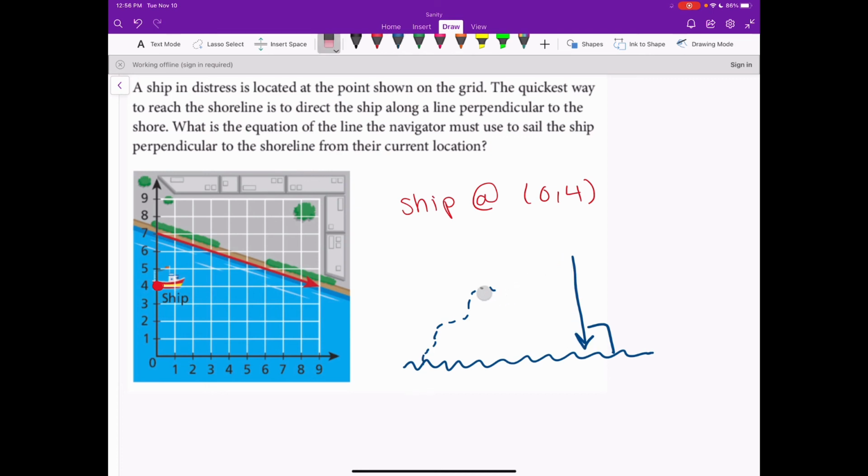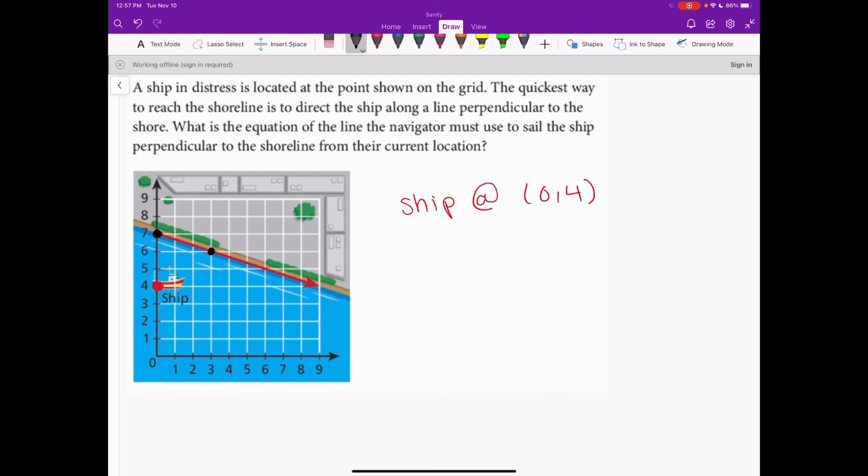So let's figure out first what the equation of the shoreline is, because then we can find a line that's perpendicular to it. I know that one point is at 0, 7. And if I look over here, another point is at 3, 6.